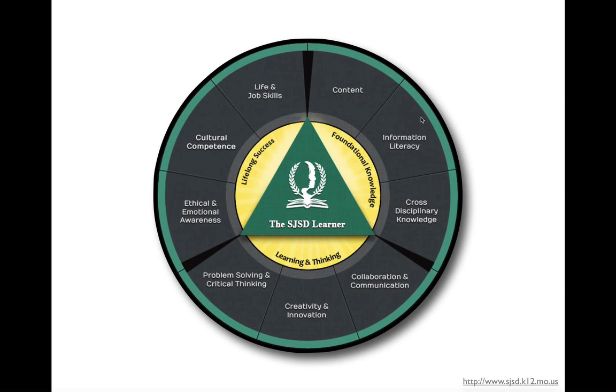Information literacy, when so much of the content that we get today is not in old static textbooks, but in very dynamic resources that come to us online and in other digital formats. Information literacy instantly becomes more important.